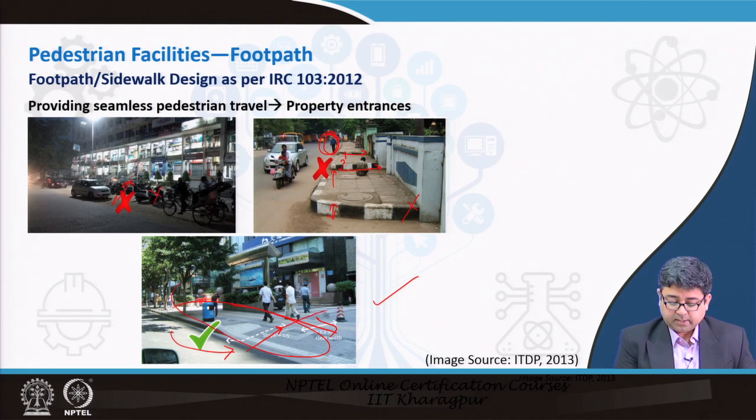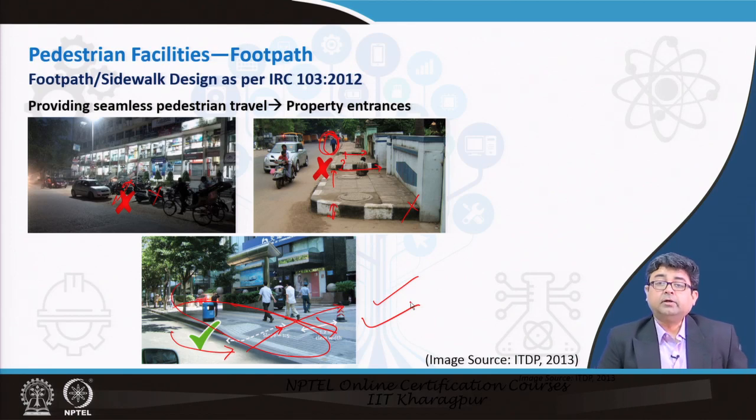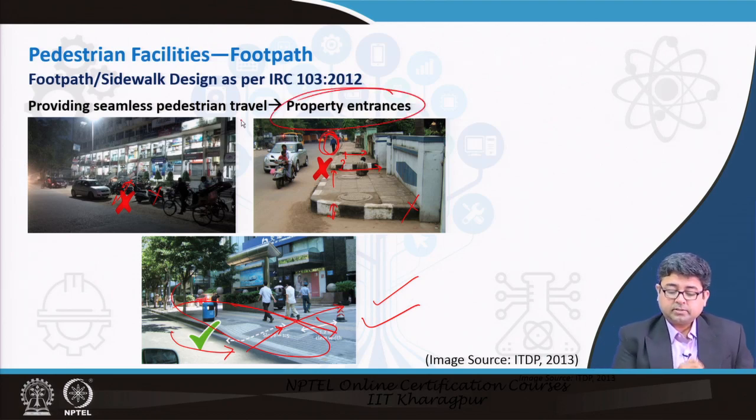After the upslope, the vehicle can then slowly go ahead and access this. So, I believe any of the new smart cities that are looking at developing pedestrian infrastructure are keeping this in mind while they are designing for property entrances.